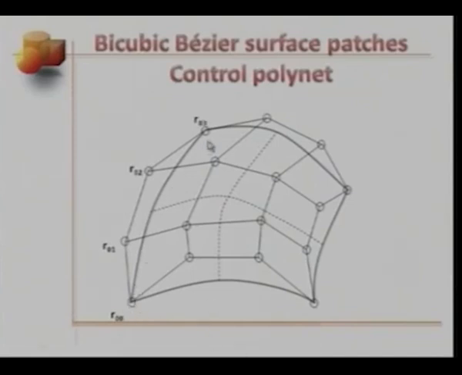So this curve here corresponds to the u value equals 0 and the v value progressing from 0 to 1. This point here is R10, R11, R12 and R13.